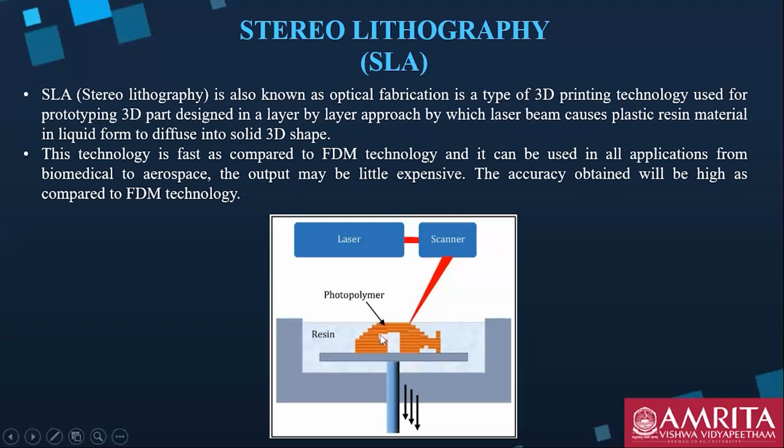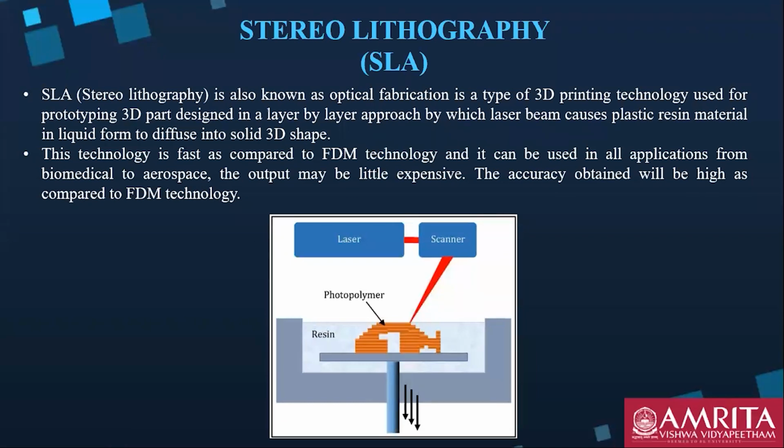So the raw material over here is liquefied resin. The laser light or scanner system is focused on the region of this bed consisting of resin, and this scanning is done according to the instructions given to the printer.